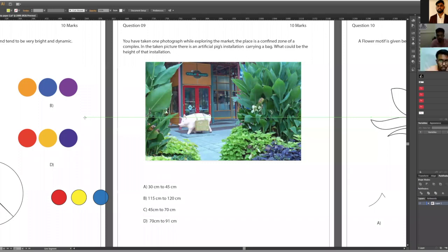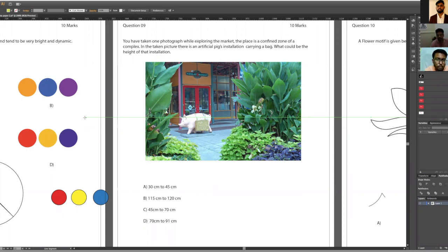If we see, there is a red color door over there. Normal height of a door, I'm telling my personal view, is approximately 7 feet, so 7 into 30 is 210. And this pig is less than half of the door. Since the pig is in close view and the door is in the background, the pig is much smaller.